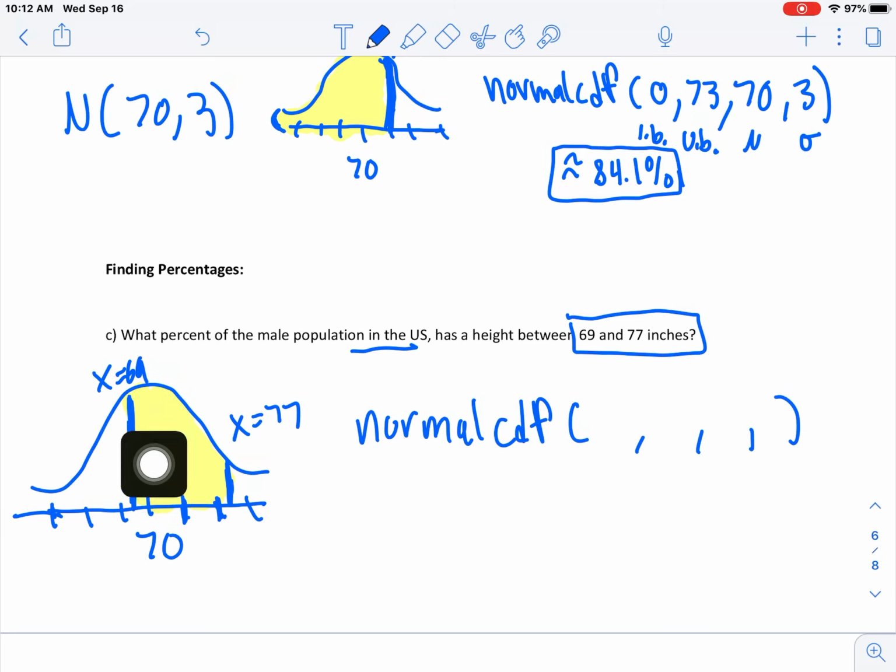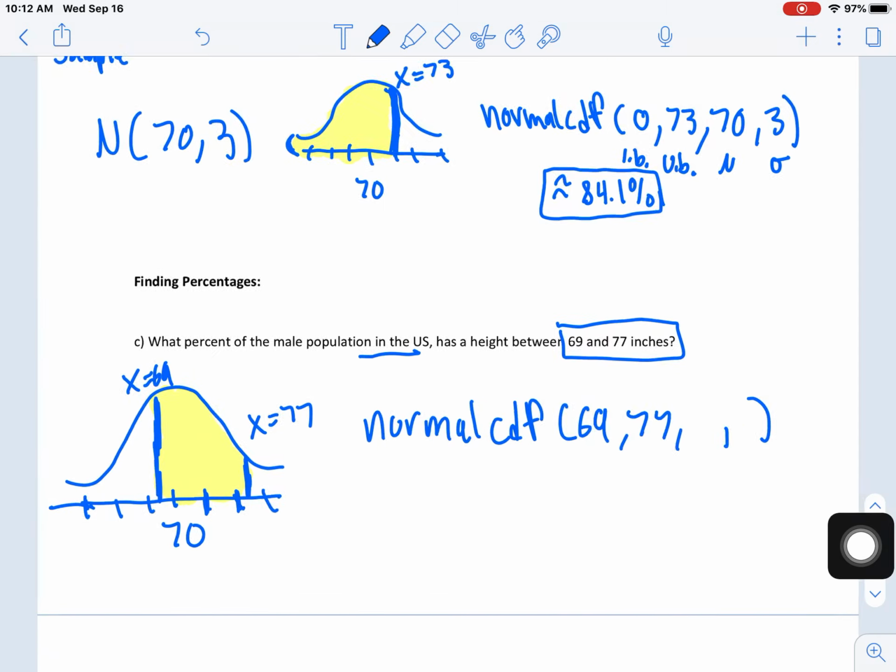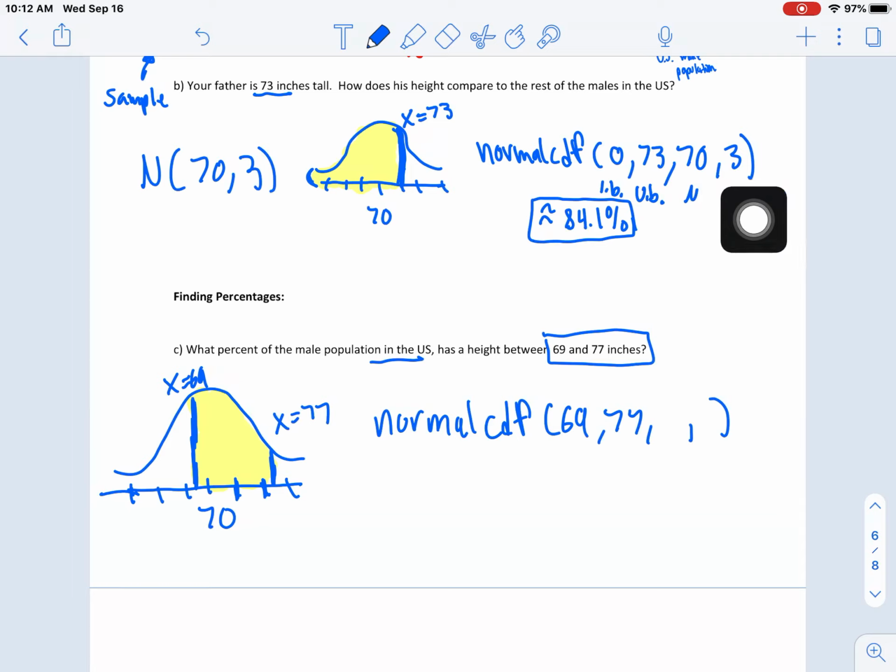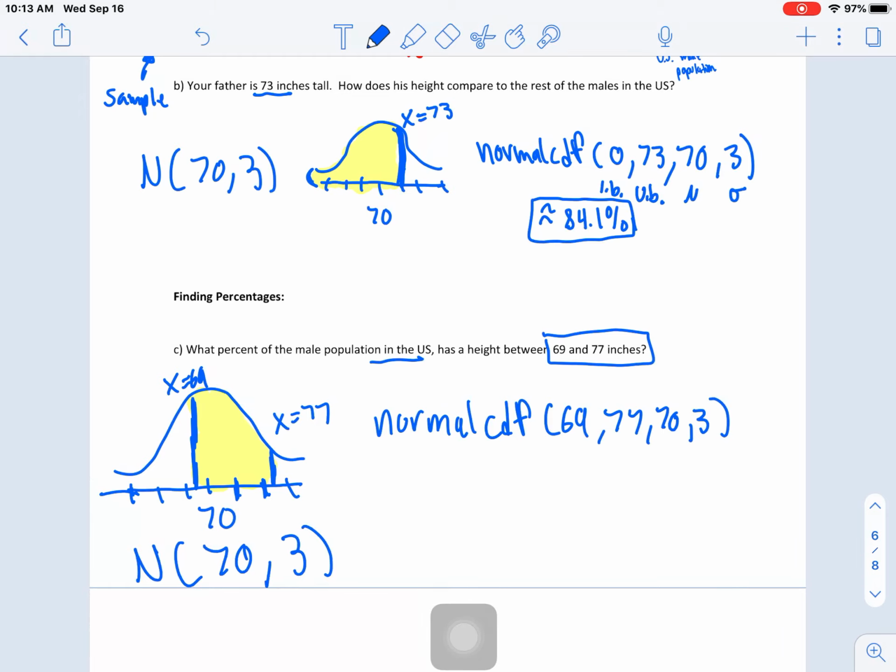You can see that my lower boundary, the one on the left, is 69, and my upper boundary, the one on the right, is 77. My average and sigma are still the same. We're still looking at the same normal model, right? I forgot to write that over here. This normal model has an average of 70 and a standard deviation of 3.